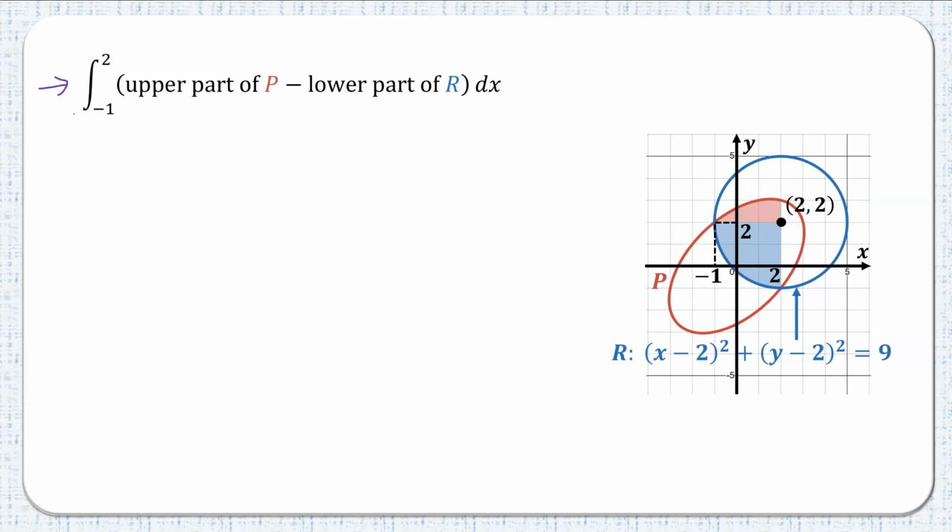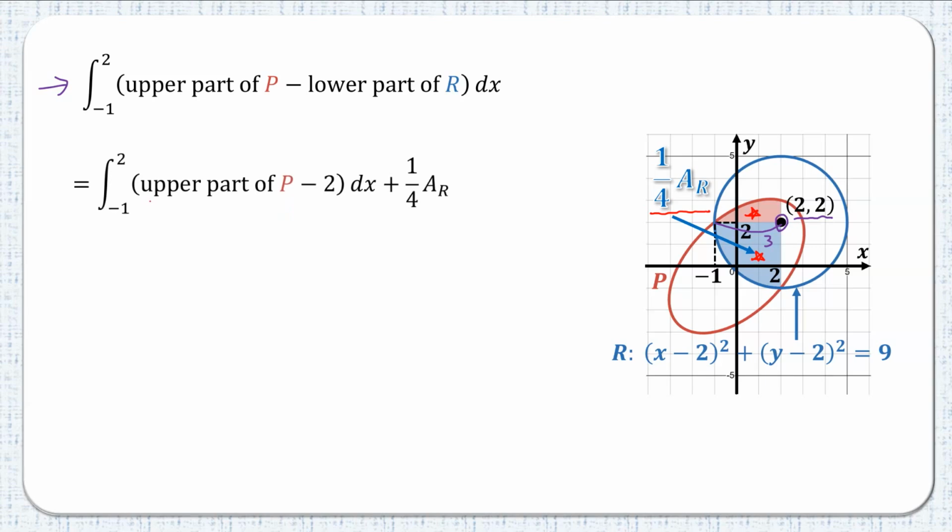For this first integral term, we can also use some geometric knowledge. You see, our circle is centered at 2, 2, having radius of 3. Therefore, this blue shaded region is a quarter circle, hence its area is 1/4 times the area of circle R. So as for this part, we split into this area at the top and this area of the quarter circle and add them up.